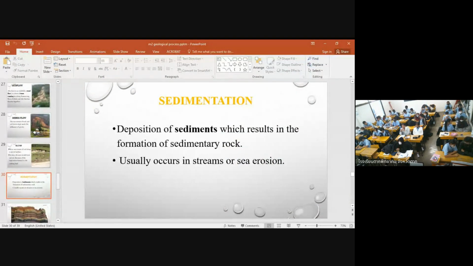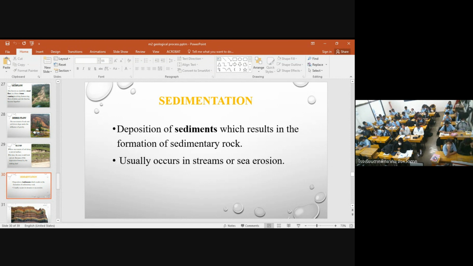Next, we have sedimentation. Sedimentation results in sediments which form sedimentary rock, usually occurring in extreme sea erosion.